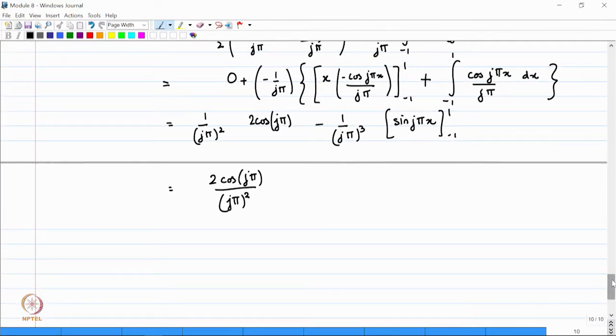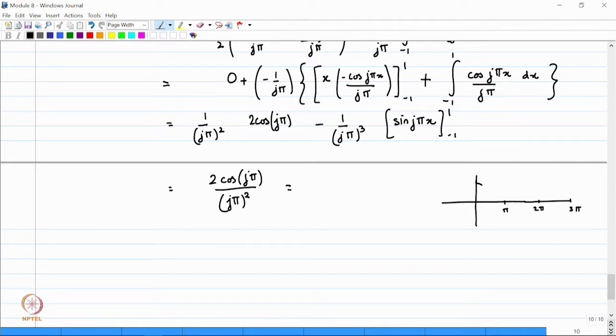Now, what is this equal to? So, cosine of j pi, cosine of pi is minus 1, cosine of 3 pi. So, if you look at your cosine function, this is pi, 2 pi, 3 pi.